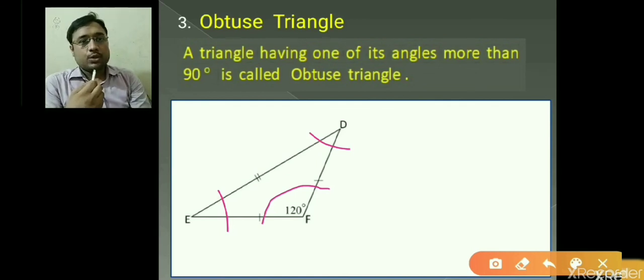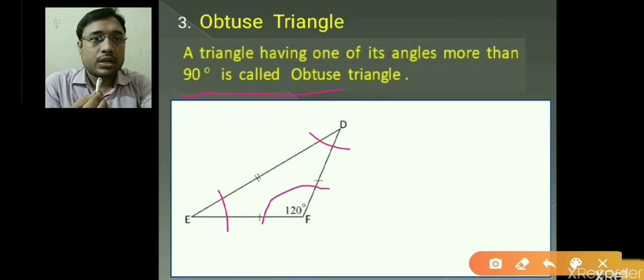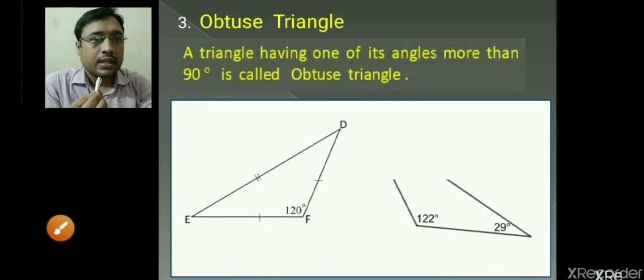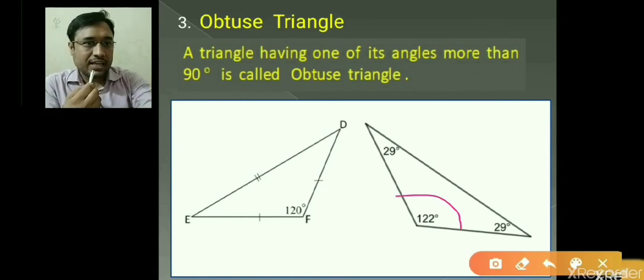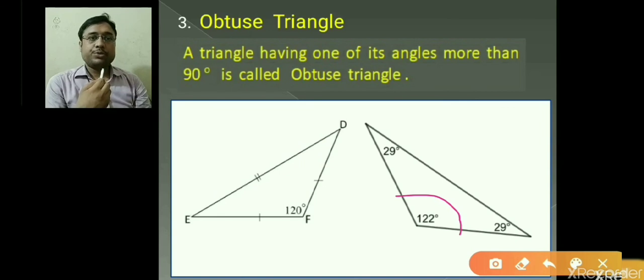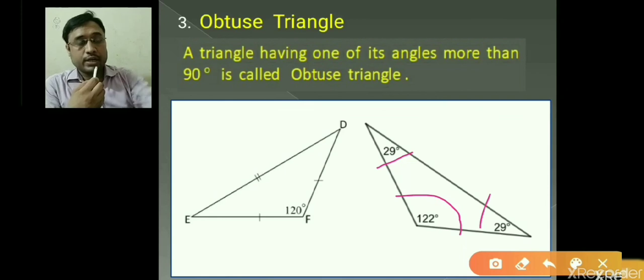So a triangle with only one angle more than 90 degrees is called an obtuse triangle. In this diagram also, this angle is 122 degrees, which is more than 90, so this triangle is also an obtuse triangle. The other two angles measure 29 and 29.